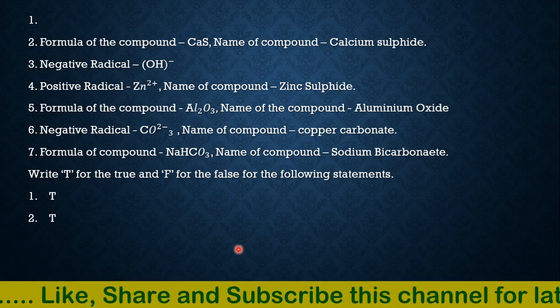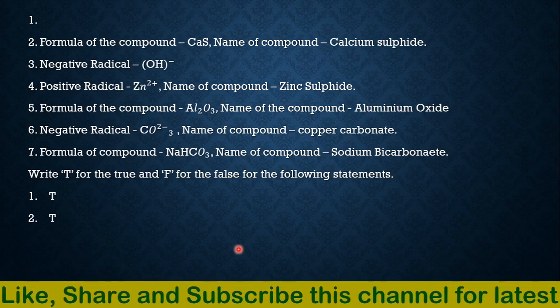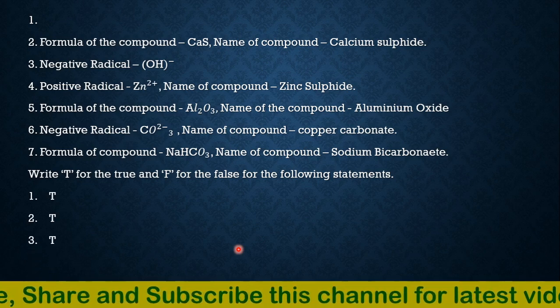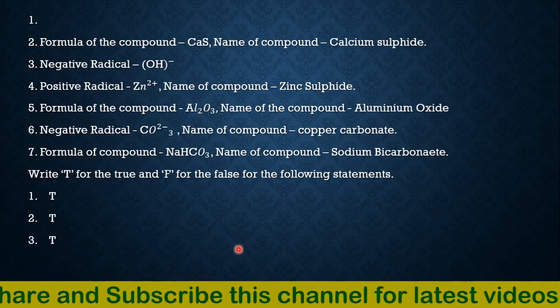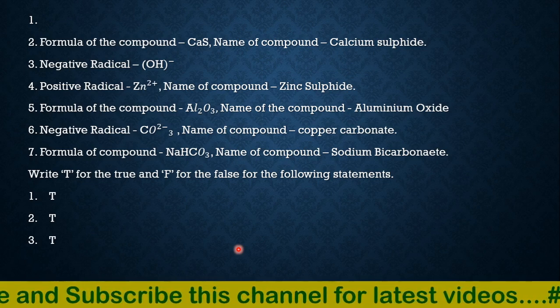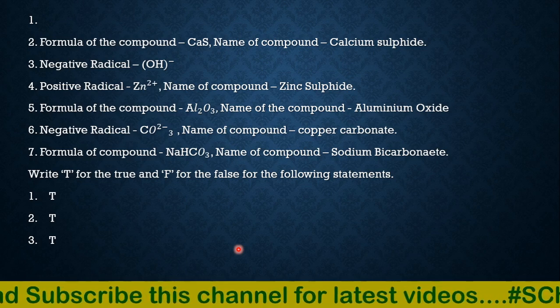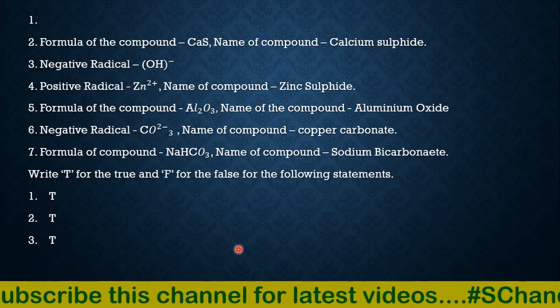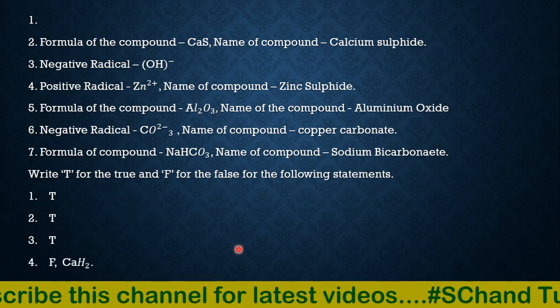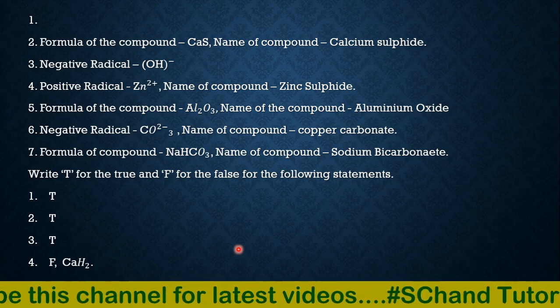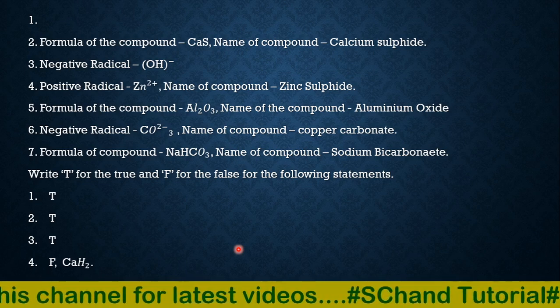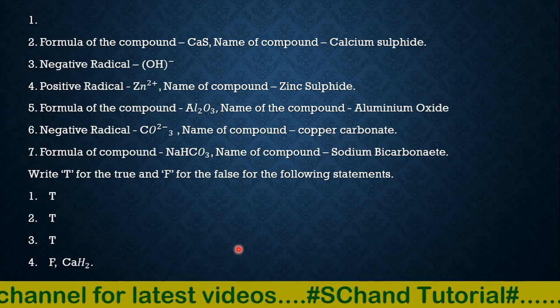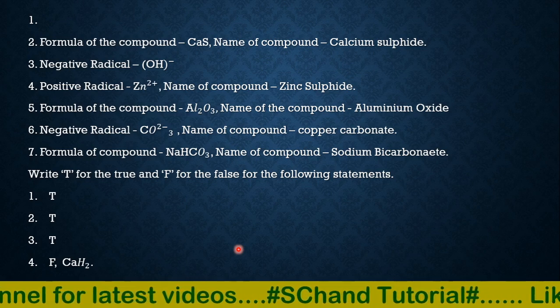The valency of a group 14 element is 4, that is again true. And last, calcium, an element of group 2 of the periodic table, forms Ca2H, that is false. It forms CaH2.